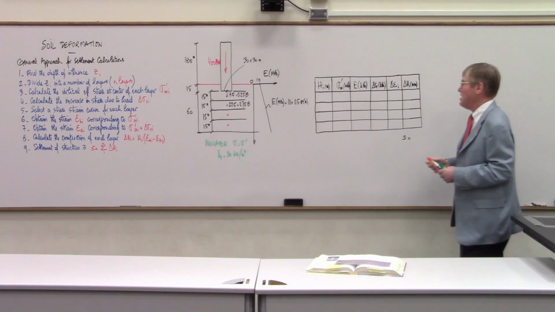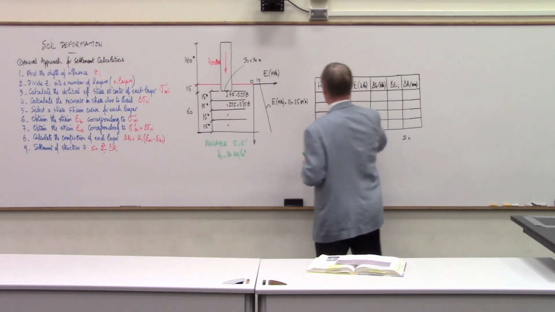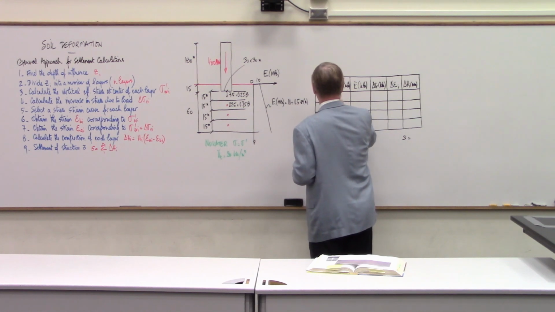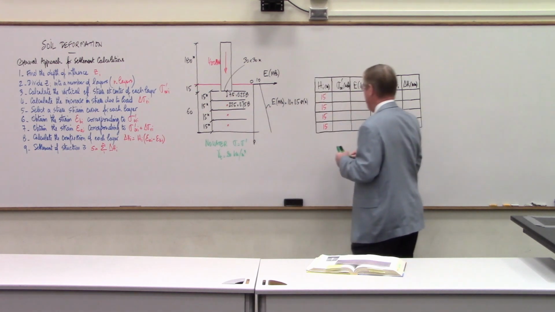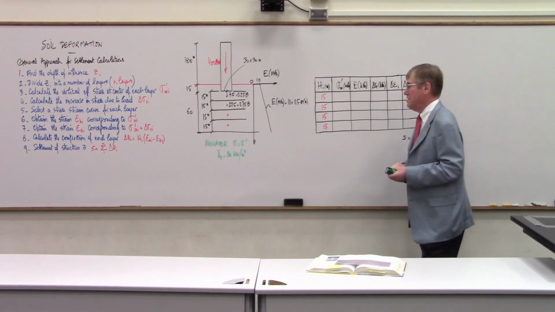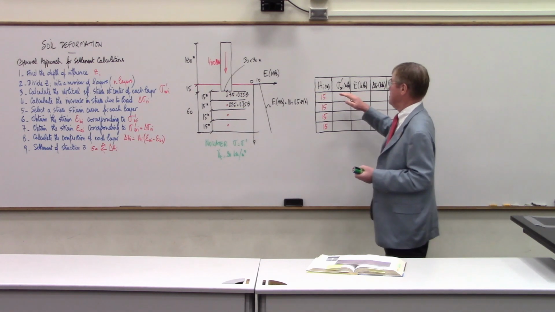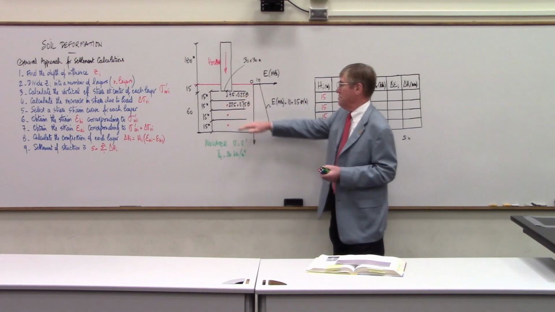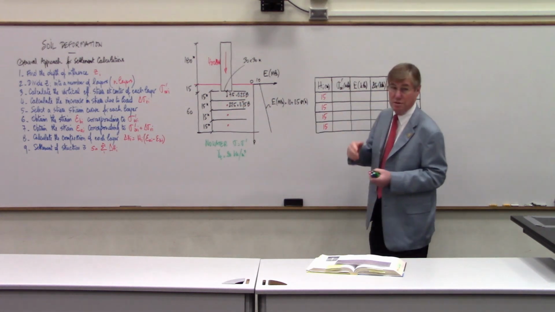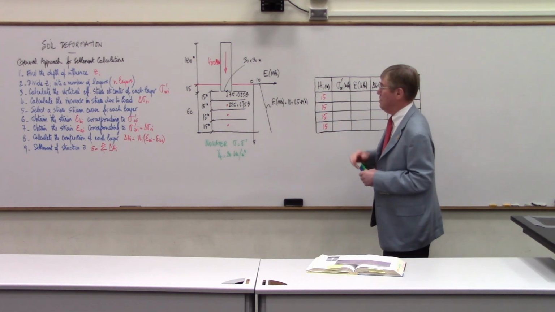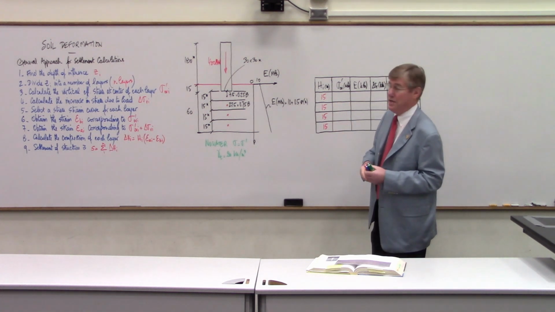All right, so HI is 15 meters, each layer, 15, 15, 15, 15. Then we have to calculate the effective stress at the center of each layer. And we take the center because that's representative of the average of what's happening in the layer.